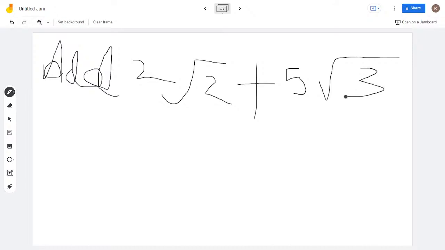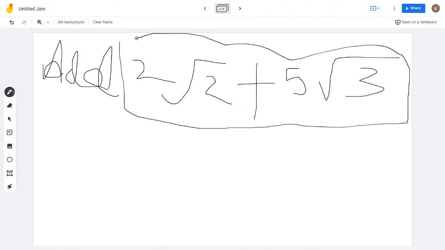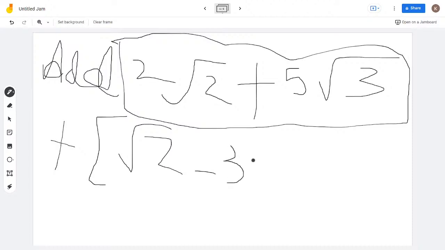So to add these two numbers, the first number is this, and you need to add this number with another number, which is, let me write here in a bracket, root 2 minus 3 root 3.